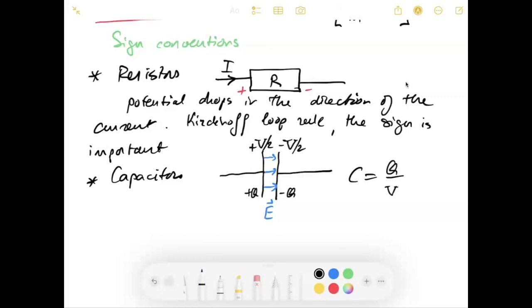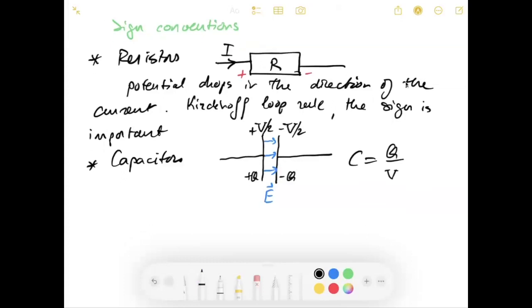It doesn't need to be neutral, but that's just how we use capacitors most of the time. So we start with a thing that is neutral, and then when we charge it, we displace some charge and we take it away from the right side and we put it on the left-hand side. So the net charge still remains 0, but there's a charge difference of 2Q between the left and the right-hand side.